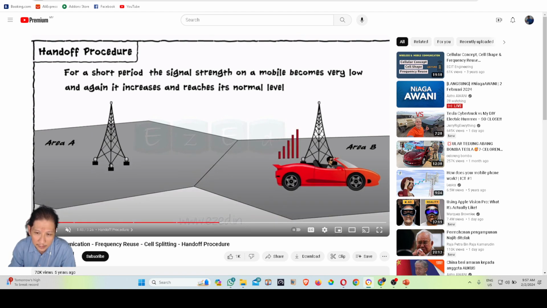We name it a handoff procedure, which means that another tower will take over the signal. This happens when you cruise on the highway. In some areas you cannot find good signal because of the handshake procedures.